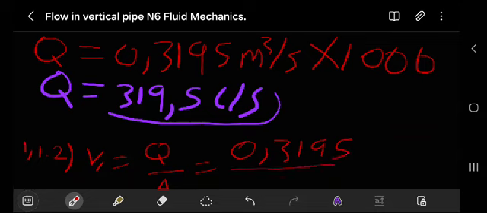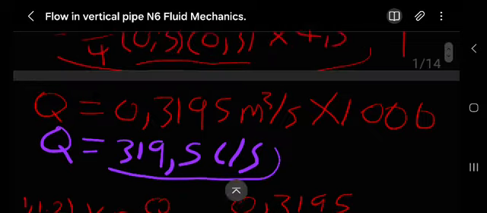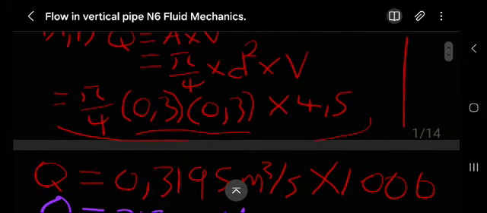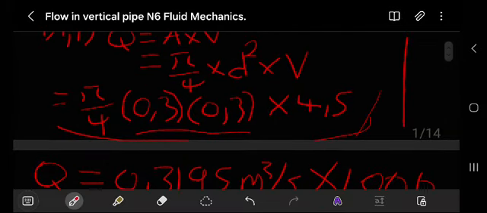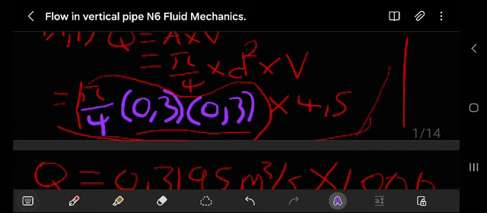Then divide this by the area, which is the one here. If you punch this on the calculator, it will give you the area only.